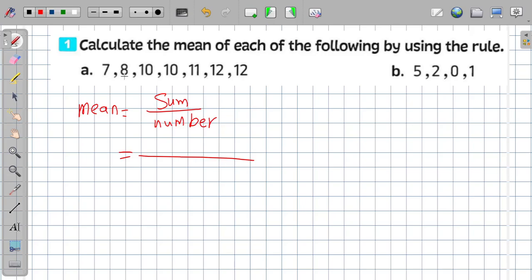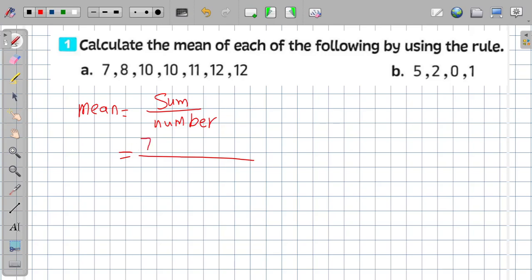I have 7 plus 8 plus 10 plus 10 plus 11 plus 12 plus 12 equals what? 7 plus 8 equals 15. 15 plus 10 equals 25. 25 plus 10 equals 35. 35 plus 11 equals 46. 46 plus 12 equals 58. And 58 plus 12 equals 70.